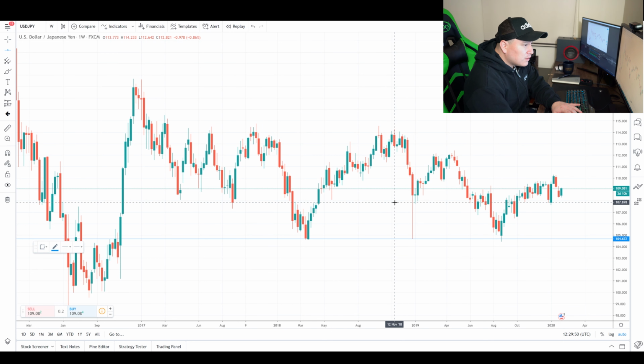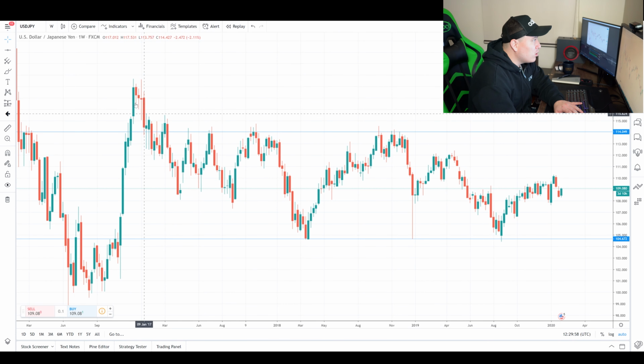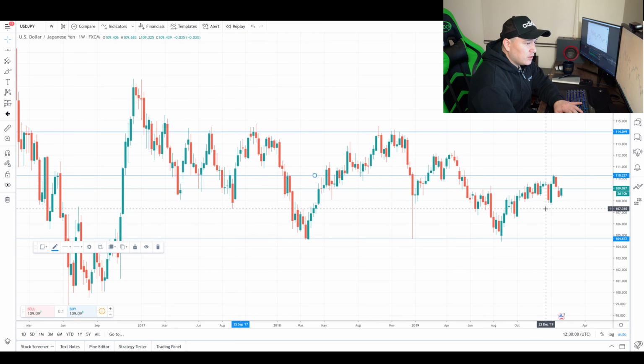And the resistance line, I would say, it's around this area, by the way. There you go. Okay, this is the second one. We're gonna draw a third one, of course, as usual. Just remember and keep in mind that the third one, it's a risky one, okay? Yeah, that's perfect. There you go.